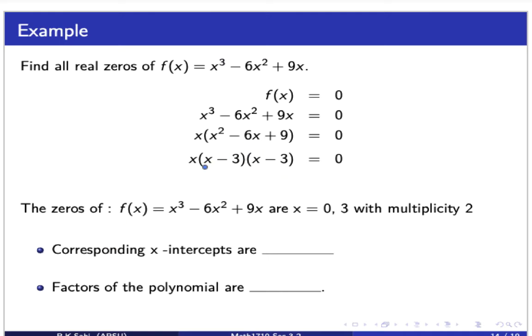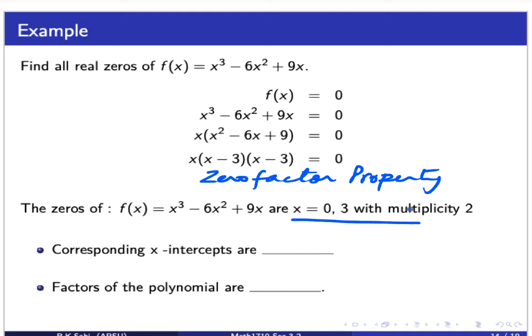Now, what are the zeros? Applying again the zero factor property. Remember, it's the zero factor property, guys, we are using. We get the zeros are x equal to 0, 3 with multiplicity 2. Okay, guys, you have to be careful here. What does the zero factor property say? x is 0, x is 3, x is 3.